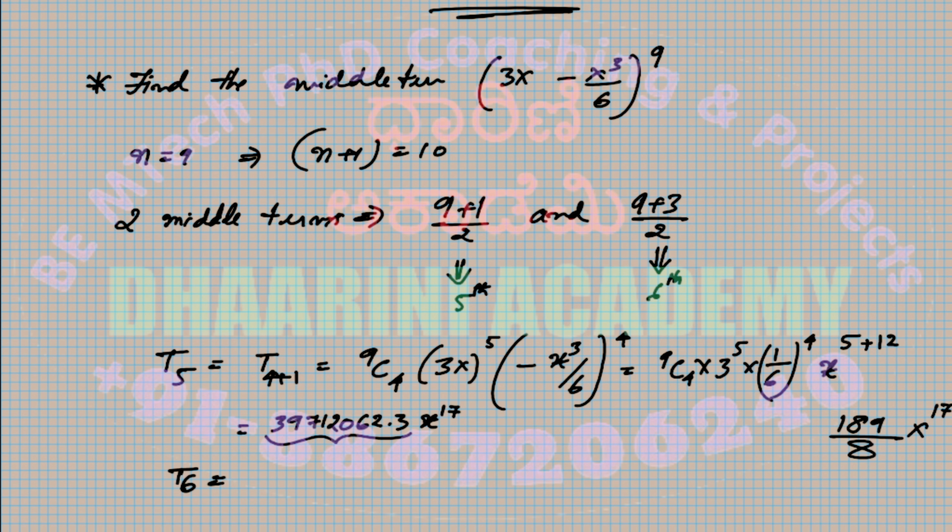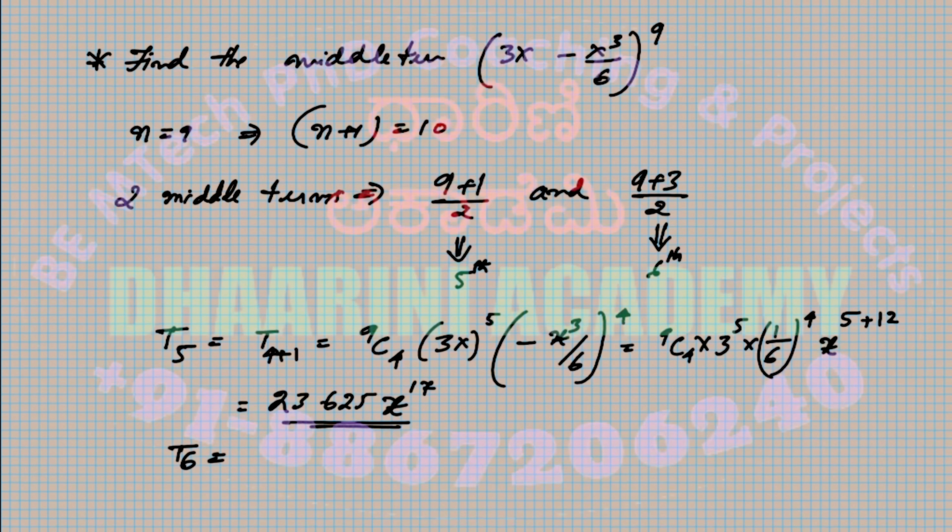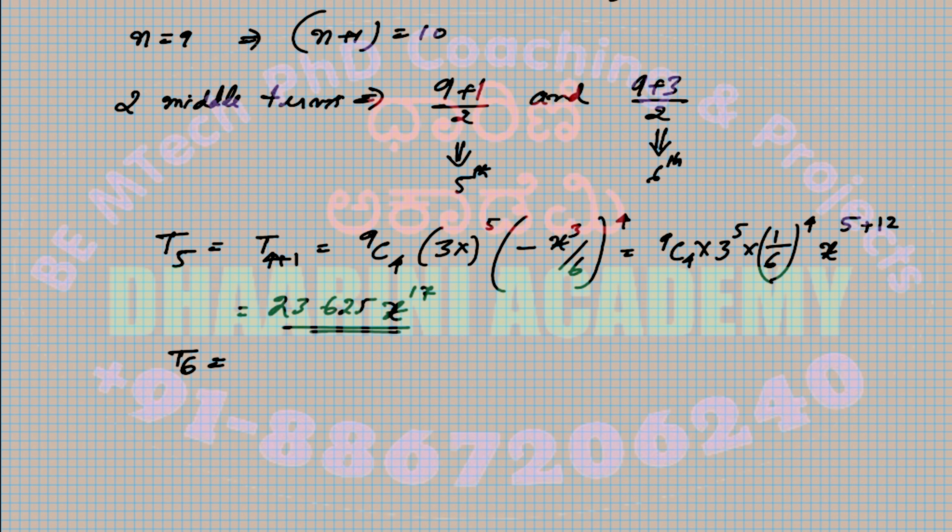So we'll correct this. This is 23.625 into x to the power 17. That's one of the middle terms. The other answer is negative 1.3125 into x to the power 19, which is the right answer.